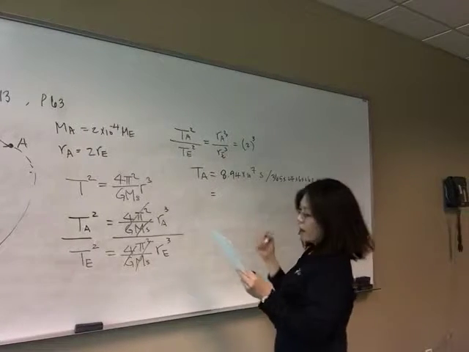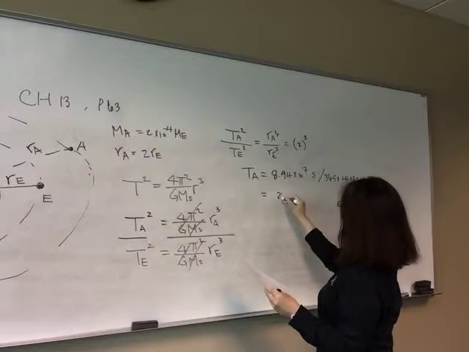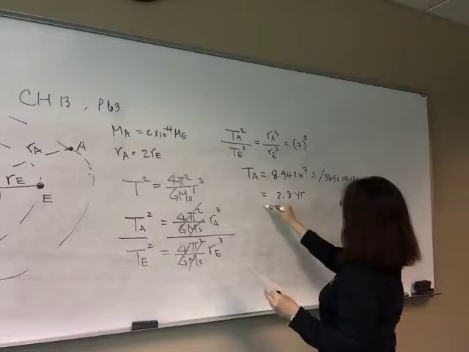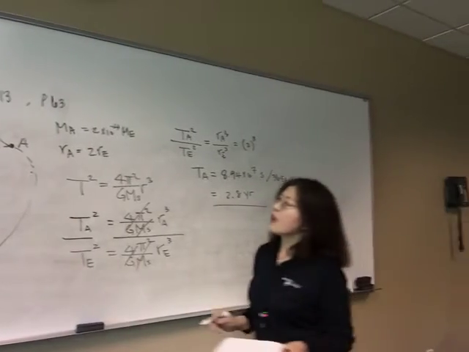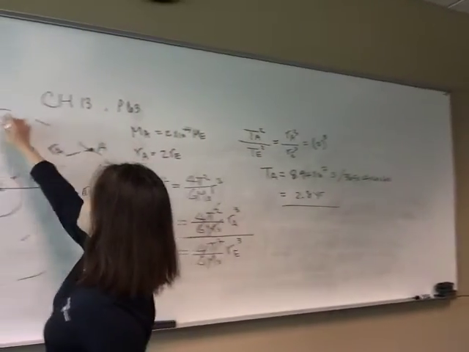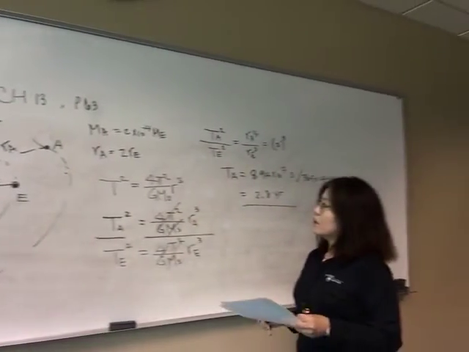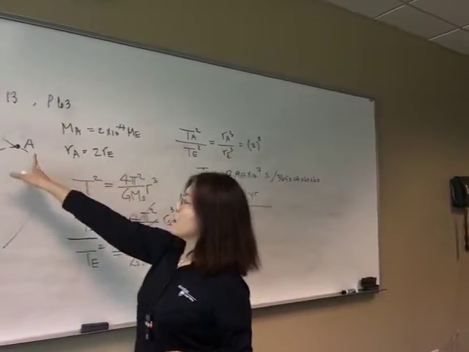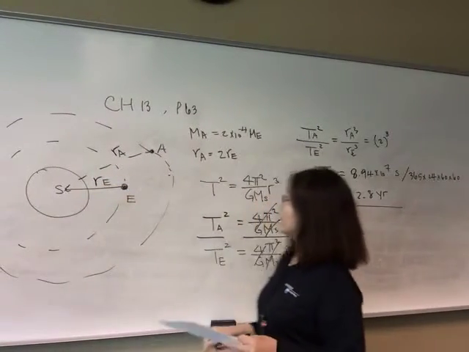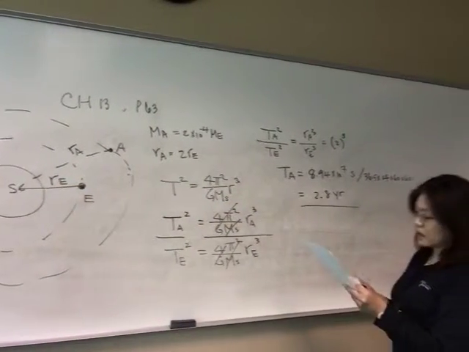So after you divide all that, you will get 2.8 years. Okay, so this is the revolution period for the asteroid that is located 2 times the distance from the Sun.